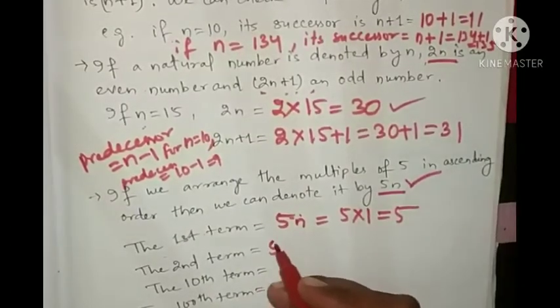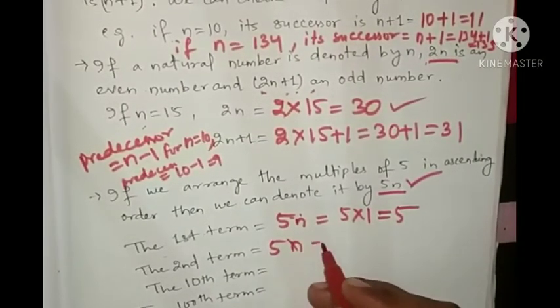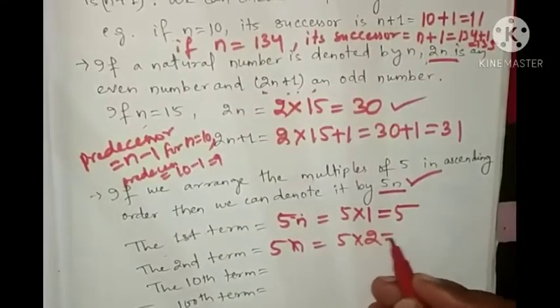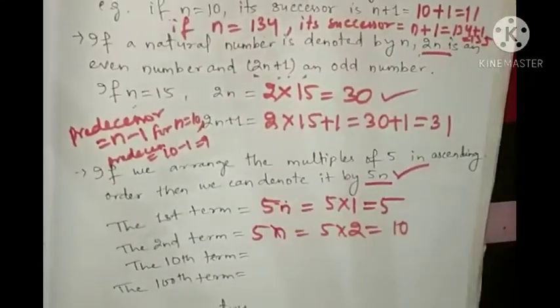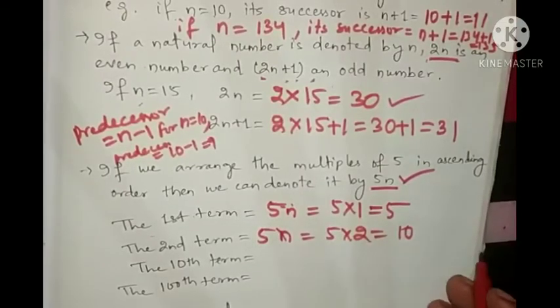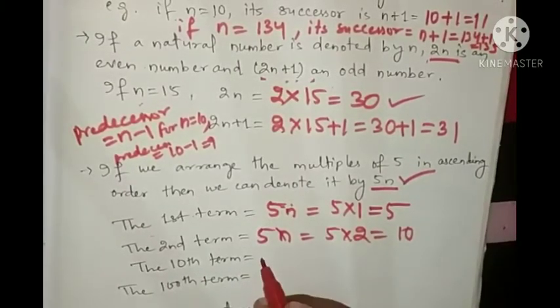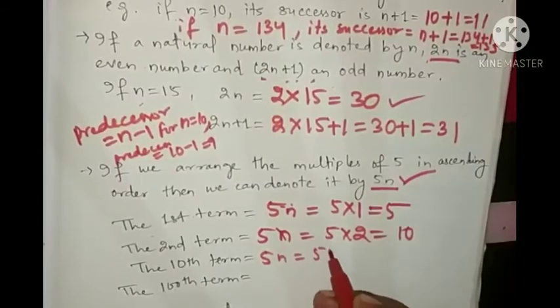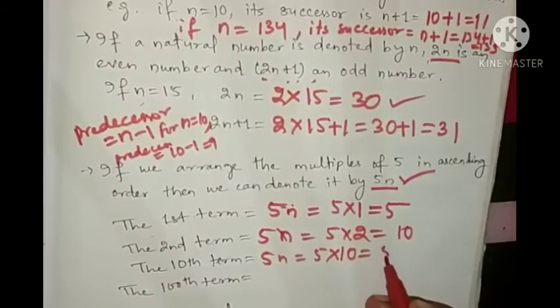Second term: 5n equals 5 into 2 equals 10. Third term is 5 into 3 equals 15. Then the 10th term is 5n equals 5 into 10 equals 50.